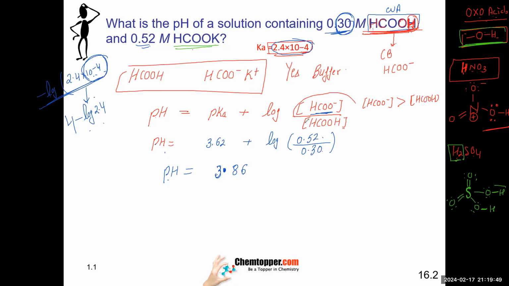So this number is greater than 1, so this log value will be a positive value. This positive when added to 3.62 becomes this. So these types of questions will be very simple. You just have to use your Henderson-Hasselbalch equation.